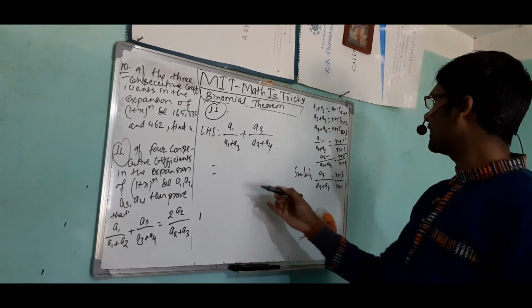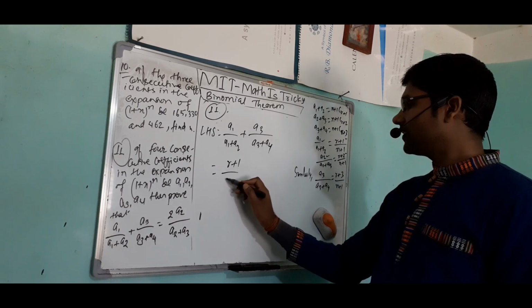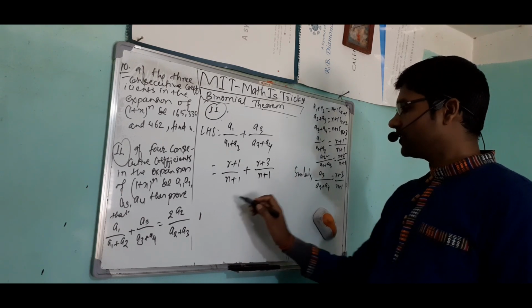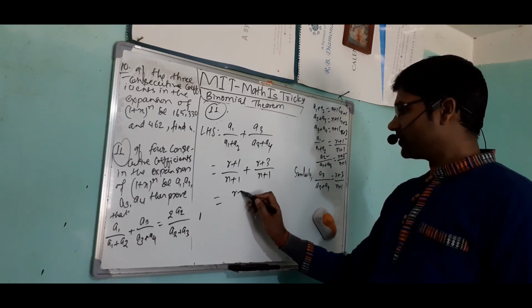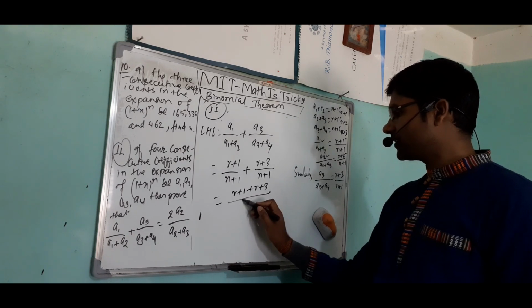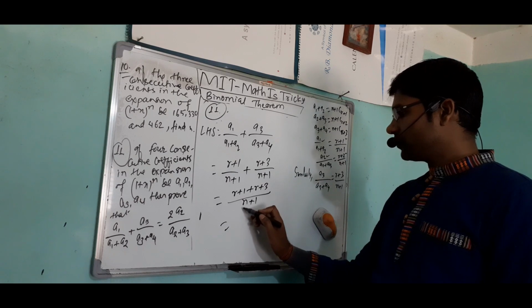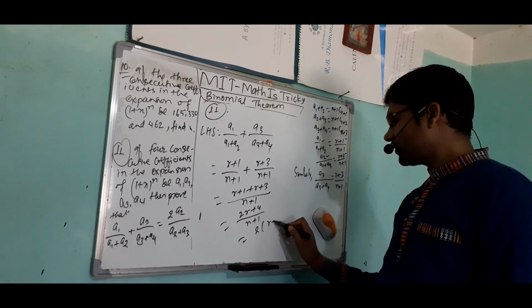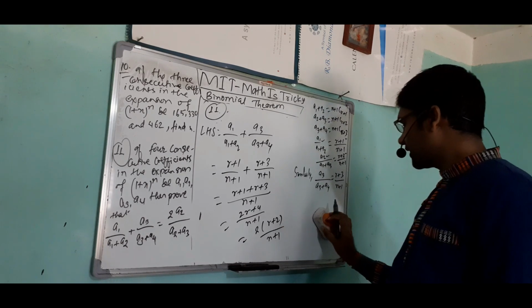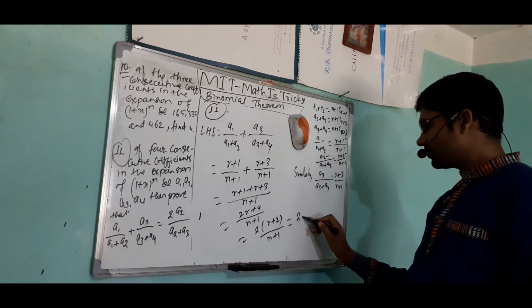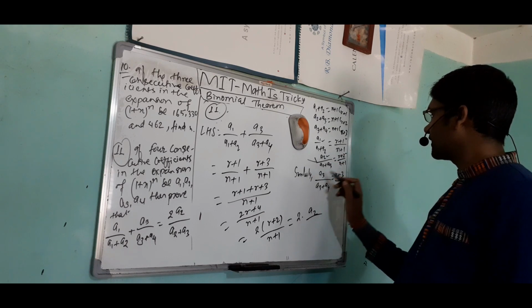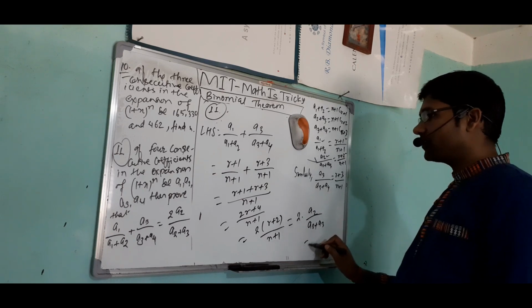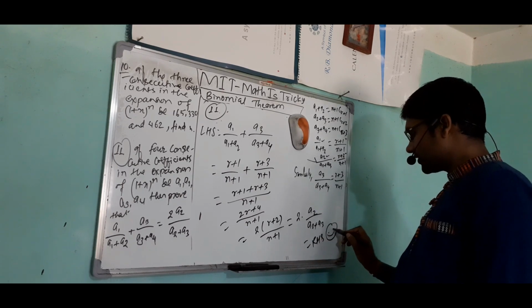It will be simply a1 is r plus 1 by n plus 1, a3 is r plus 3 by n plus 1, so the denominator is the same, so r plus 1 plus r plus 3 divided by n plus 1 gives 2r plus 4 by n plus 1, or 2 common, so 2 times r plus 2 by n plus 1, which is nothing but 2 times a2 by a2 plus a3 equals RHS. Okay, hope you understood this.